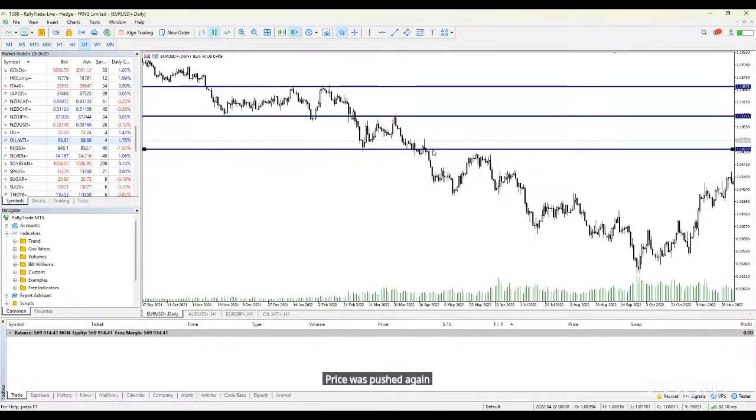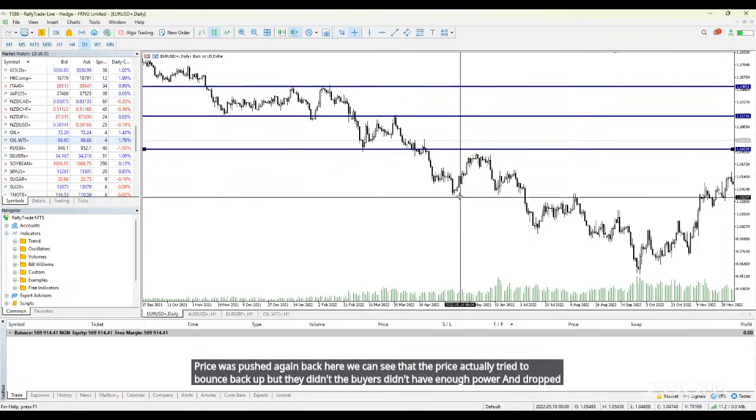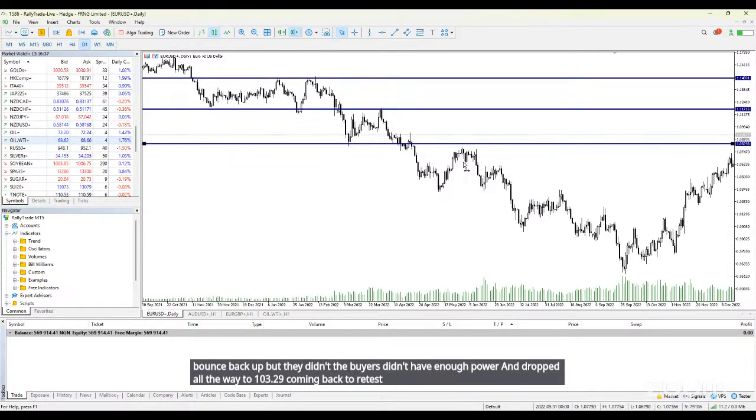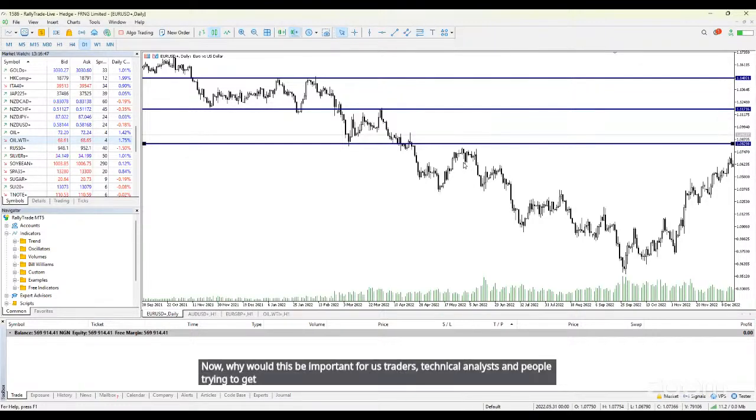Here we can see that the price actually tried to bounce back up, but the buyers didn't have enough power and dropped all the way to 103.29, coming back to retest the previous support as a resistance. Now, why would this be important for us traders, technical analysts, and people trying to get into the market and make money from the market?